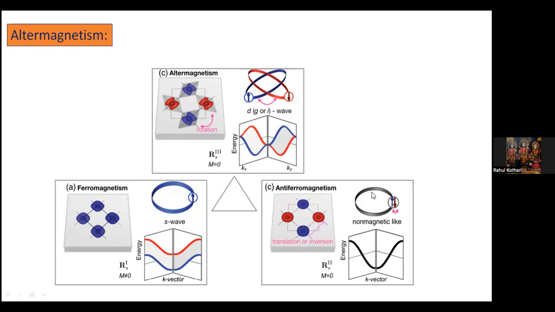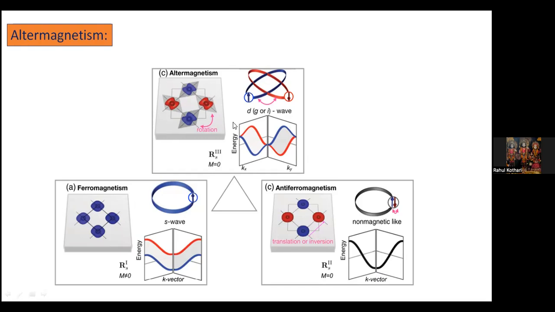Okay, now look at this energy momentum diagram. Here there were two different things, but it is spin degenerate because the net magnetic moment is zero. This is the spin group representation, and this is their energy momentum diagram.